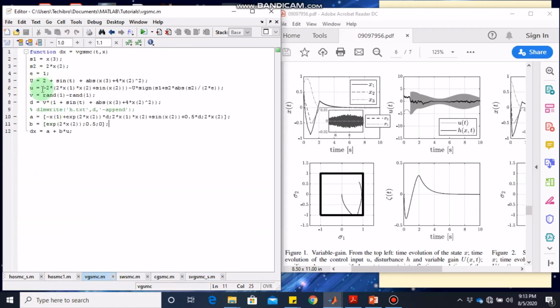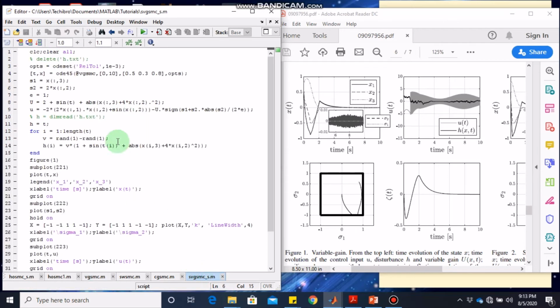In the function file, these are just scalars which are redefined with every new value of x2 and x3, but in this file we are defining them as vectors because we have calculated the whole trajectory using this ODE45 command, and then s1 and s2 are recreated from the state variable trajectories.